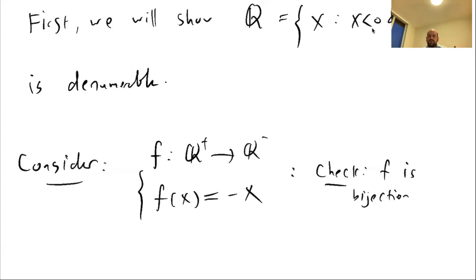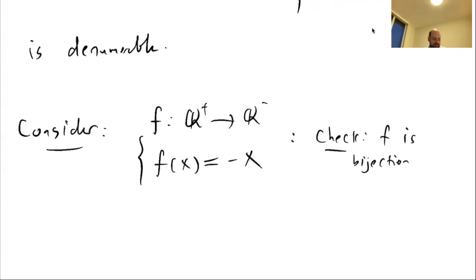Let's say every negative rational number could be written as minus b, for example. Therefore, you just consider b itself. f of b is minus b. That means every element in the codomain is in the range of the function. Therefore, f is onto. So I just told you how to check f is a bijection, but please write the details.